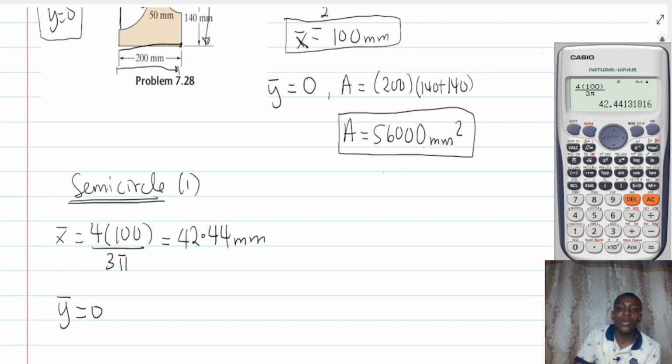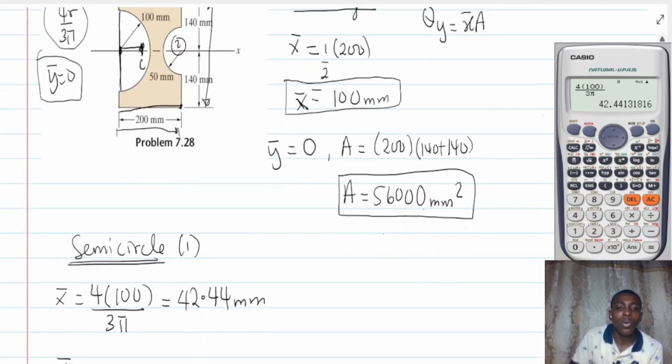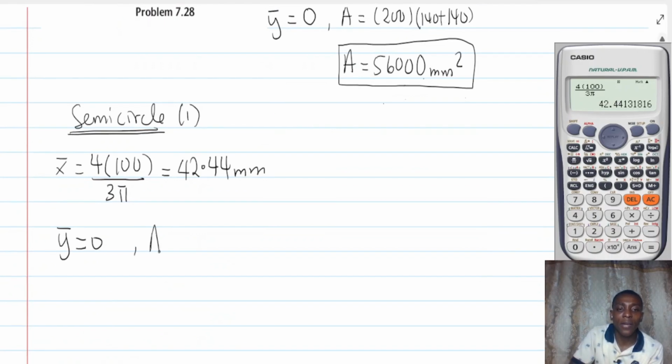Now we don't need to calculate y bar because y bar is already 0. Why is y bar 0? Because the x-axis passes through the centroid, right? So we can see that it's actually 0. Okay, so let's calculate the area.